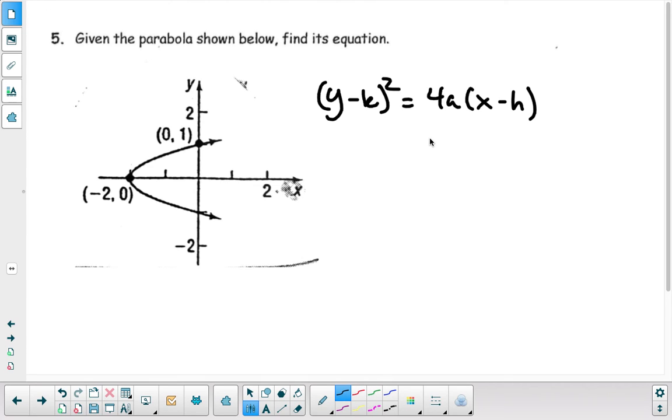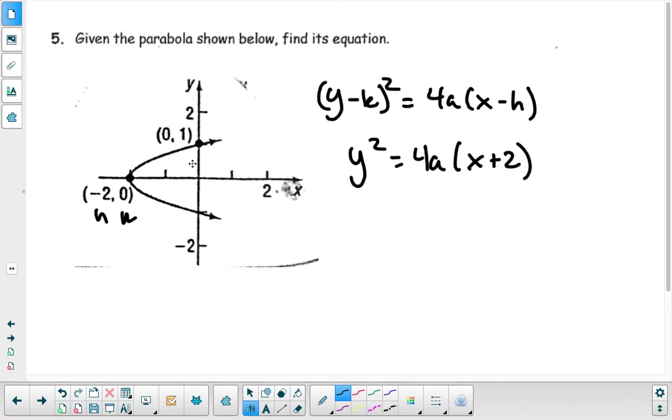We can figure out h, k based off of this coordinate. It gives us h, k, so h is negative 2, k is 0. So y squared is equal to 4a times x plus 2. To find a, we don't know what this coordinate is. It could be part of the latus rectum. It probably isn't.